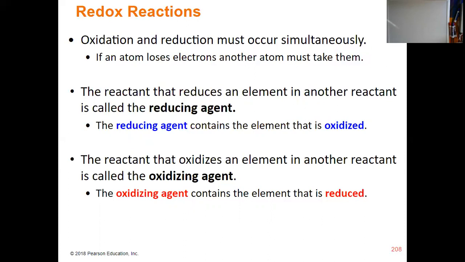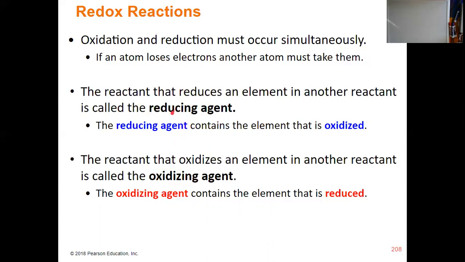I'm trying to think of a good example, but I can't think of anything off the top of my head right now. Hopefully you know what I'm talking about here. An agent of something means that it's going to cause that thing. So a reducing agent is something that causes reduction. An oxidizing agent means something that's going to cause oxidation.